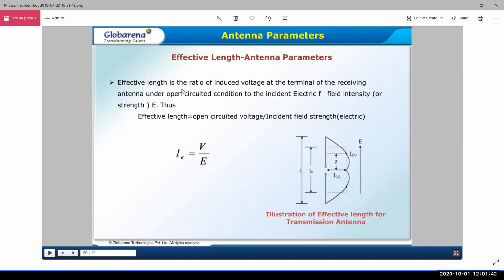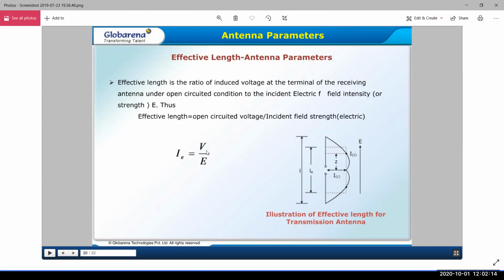Effective length is the ratio of induced voltage at the terminal of the receiving antenna under open circuit condition to the incident electric field intensity E. Basically, if you look at this diagram, effective length equals open circuited voltage V by incident field strength, that is electric field strength.